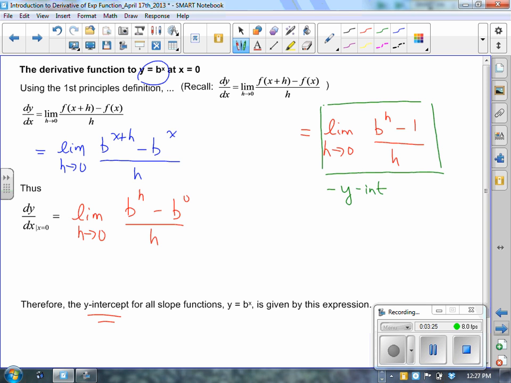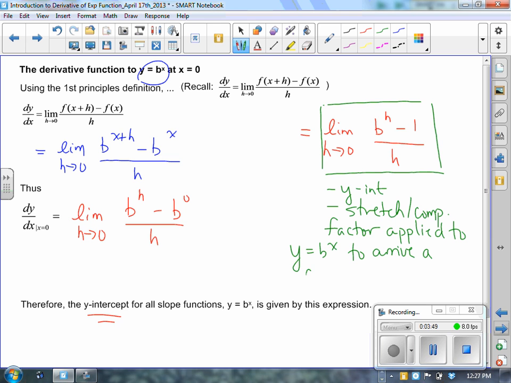Y-intercept. We also saw that in all cases it was that stretch or compression factor applied to y equals b to the x to arrive at the derivative function dy by dx.